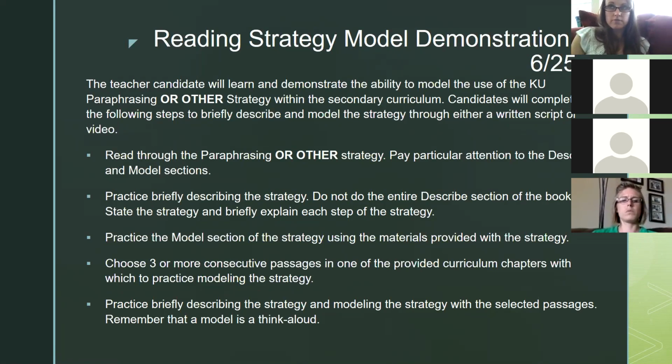So if I'm doing the paraphrasing strategy, I'm looking at the example passages that have been provided to me in the text, and I'm saying, I'm going to paraphrase this global science textbook passage. There are 3 consecutive, and here they are, and these are the chapters that have been given to me.